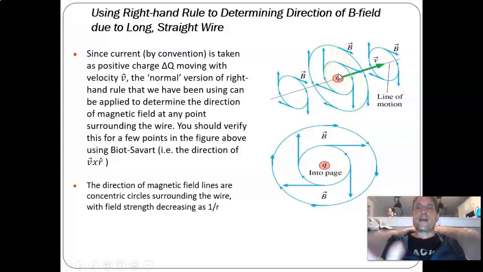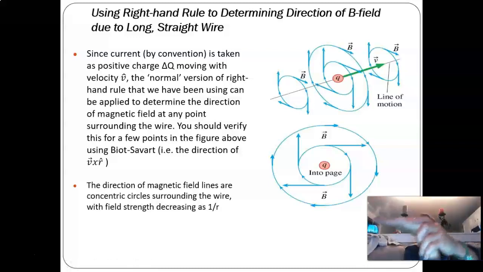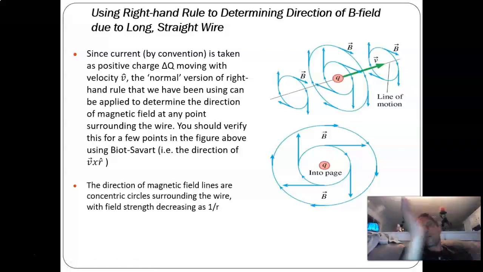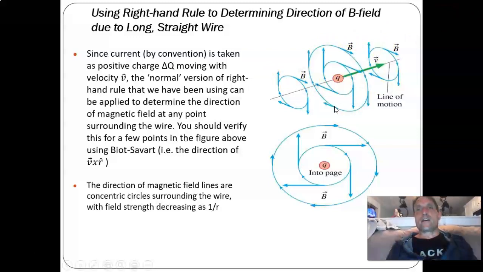And if you take your hand pointed in the direction of the field, with your hand pointing toward R, you get that your thumb points out of the page, and that gives the direction of the magnetic field above the wire. And you can go below the wire, and now you have R pointing downward, and you get that the field points into the page.